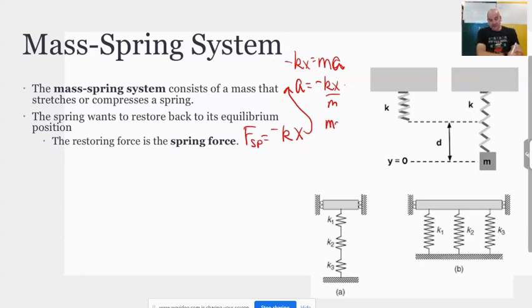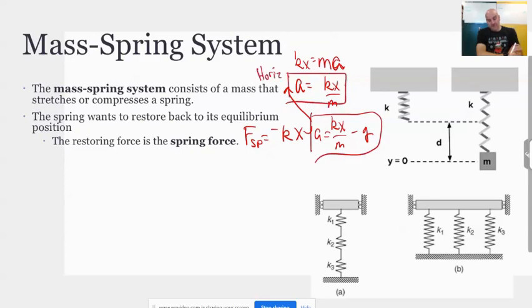A lot of times we don't worry about the negative sign, so it would be Kx over m minus g for your acceleration. So this is your horizontal system and this is your vertical.